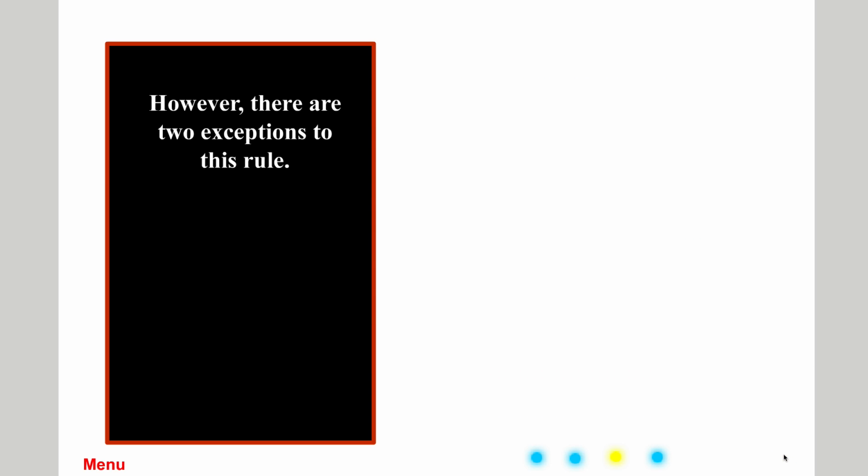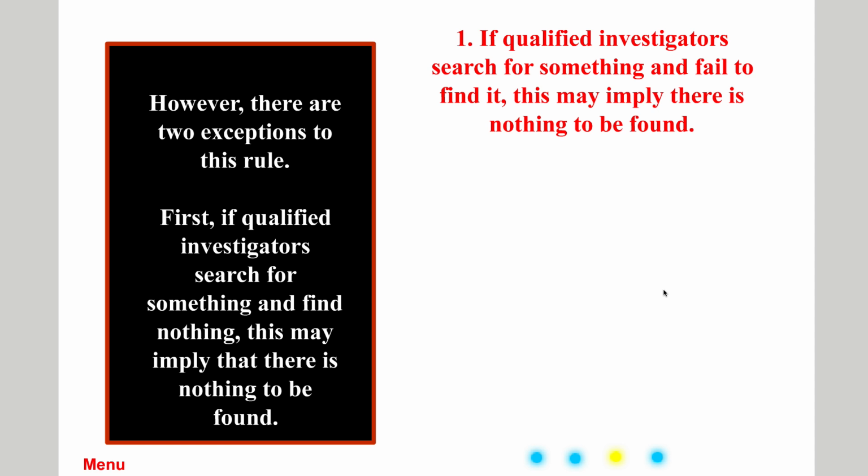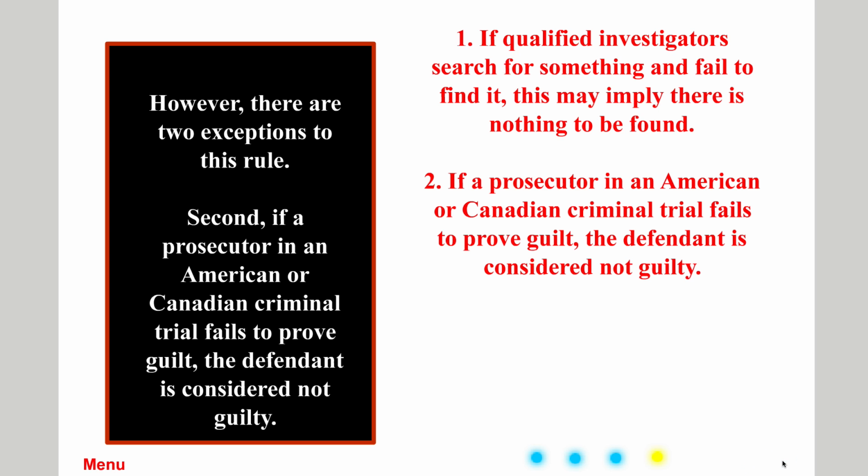However, there are two exceptions to this rule, which are important. First, if qualified investigators search for something and find nothing, this may indeed imply that there's nothing to be found. Right? We've been looking for the lost city of Atlantis for many centuries since it was first mentioned in the works of Plato in the Timaeus. We've continued to look for it. This is no joke. Some people believe that the lost city of Atlantis exists. But qualified investigators have looked for it and not found it, and therefore we can conclude that there's nothing to be found.